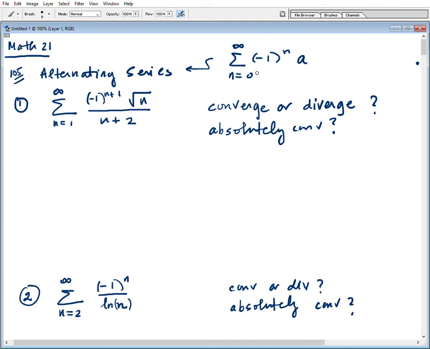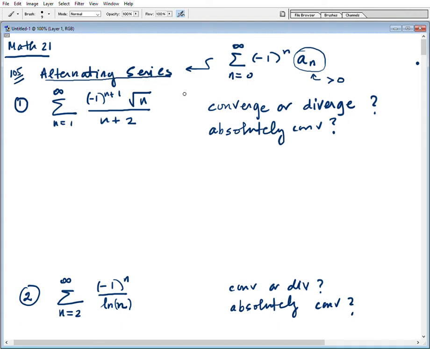It could start at n equals 0 or n equals 1. So this is an alternating series where these a_n are positive. So basically it just alternates between positive and negative. The terms alternate. So that's an alternating series. And we have some special theorems about alternating series.